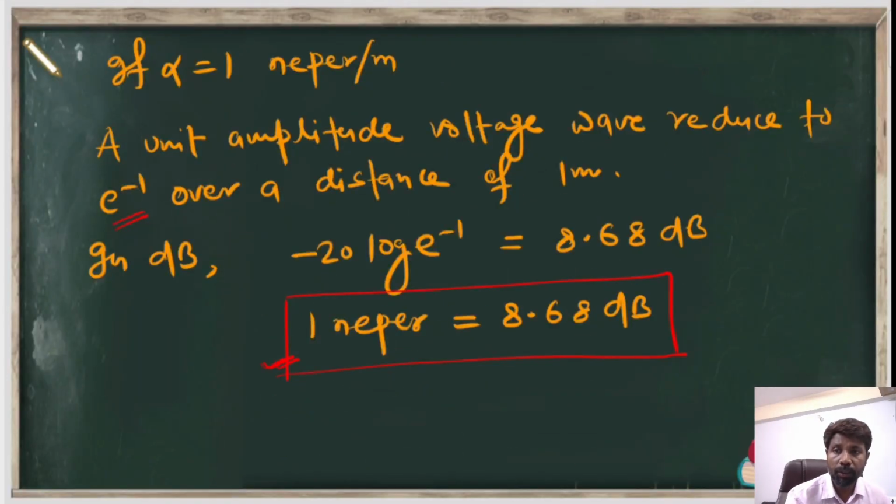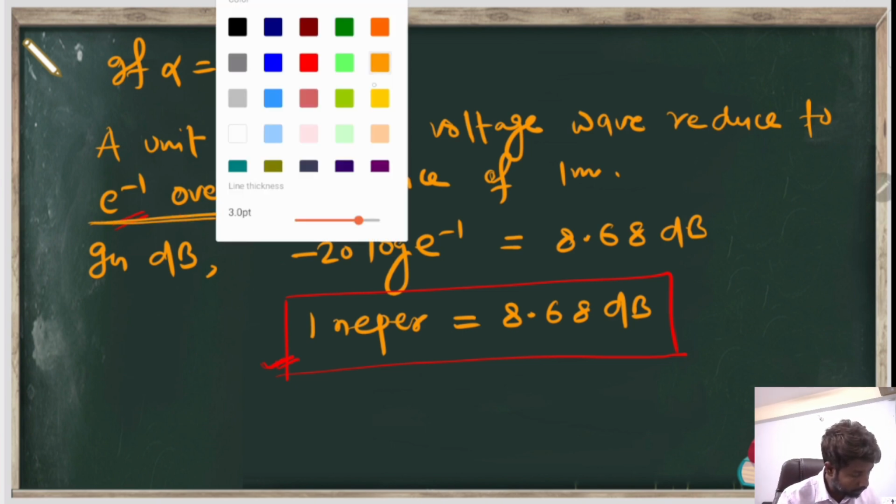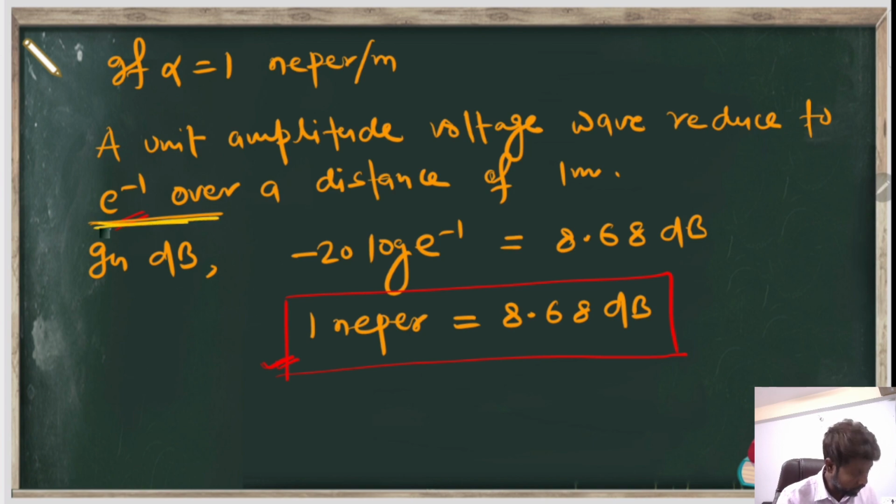If alpha is equal to 1 per meter, a unit amplitude voltage is reduced to 1 by e times over a distance of 1 meter. If you convert this value to dB, 1 neper is equal to 8.68 dB.